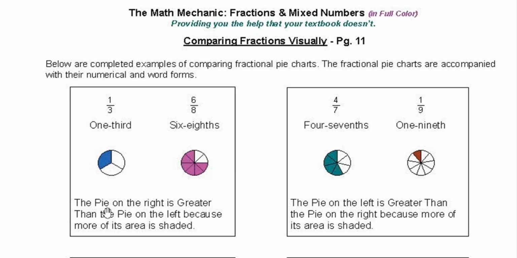So the pie on the right is greater than the pie on the left because more of its area is shaded. So again, 6/8 is greater than 1/3.